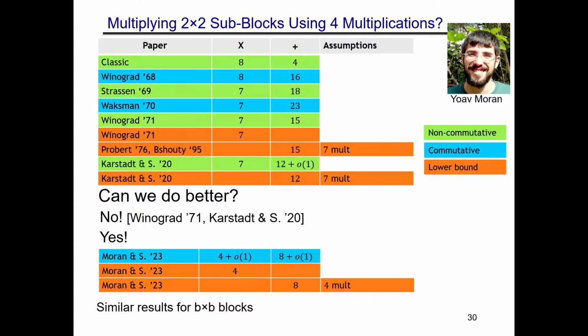So is this the average cost per this 2 by 2? So this is the average cost for each of the 2 by 2 leaves of the tree.